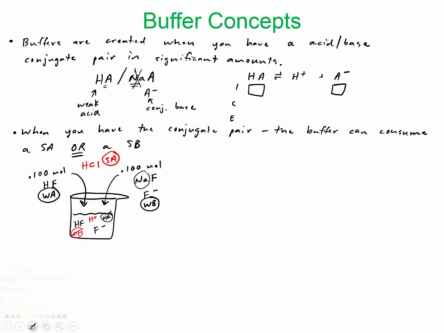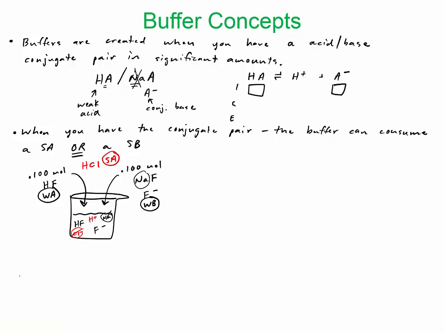So here you have a strong acid, a weak acid, and a weak base. The question is, what's going to happen? Will there be an interaction between two of these? A weak acid and a strong acid are not going to interact, but here you have an acid and a base, so there should be a reaction between the strong acid and the weak base, and in fact there is.